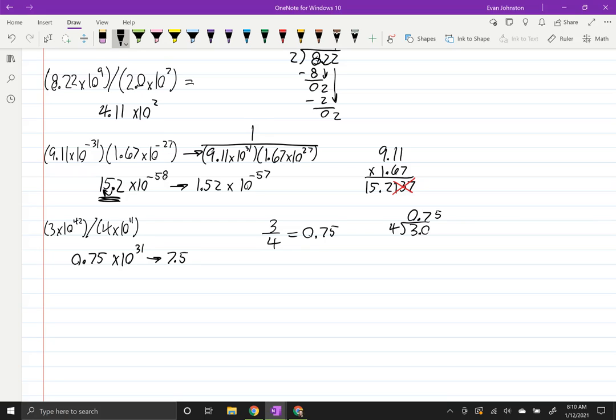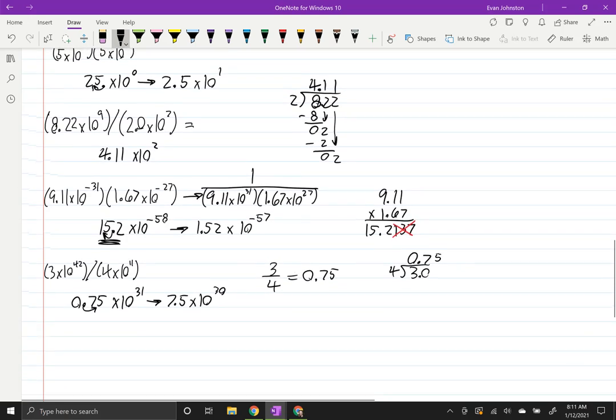Now we've moved the decimal to the right, which is the same as multiplying by 10. We've multiplied by 10 on the left side, so we need to divide by 10 on the right side. It's kind of like a balancing act that we're consistently doing. Removing a power of 10 here gives us 10 to the 30th.